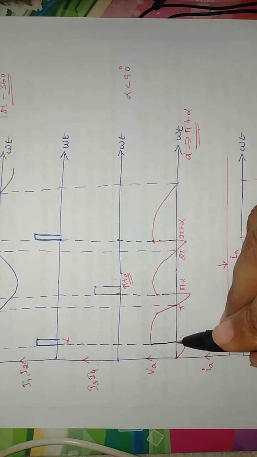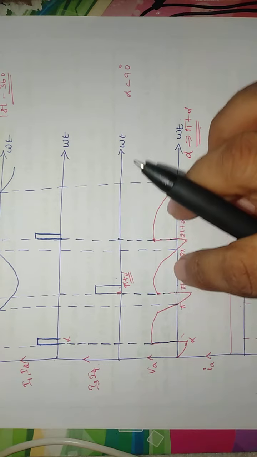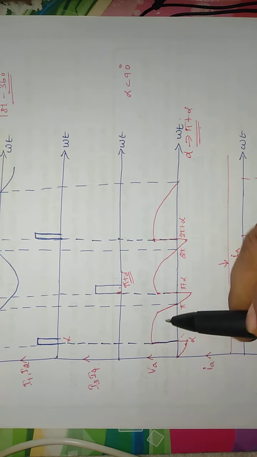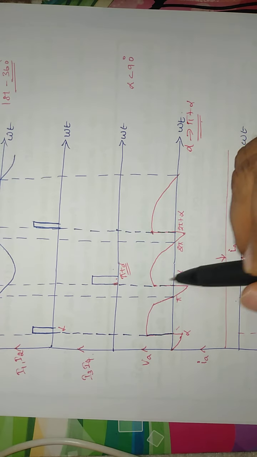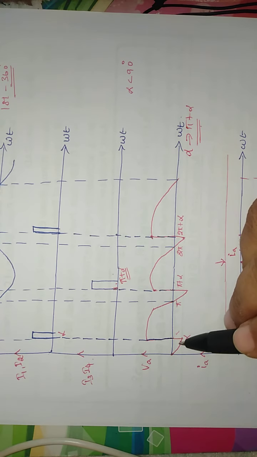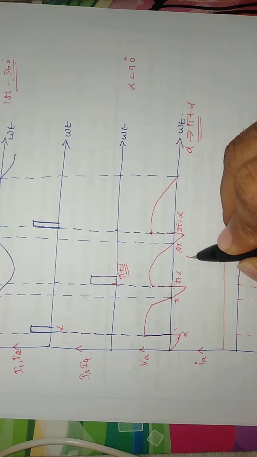This operation happens continuously again and again. So here it is alpha to pi plus alpha, and here pi plus alpha to 2 pi plus alpha. If you find the difference between any of these 2 terms, the difference will be pi.